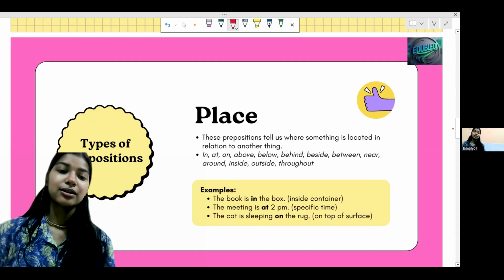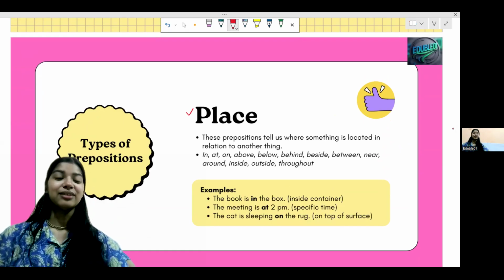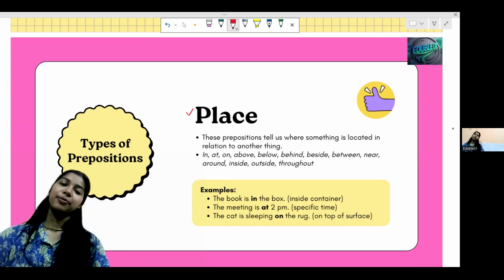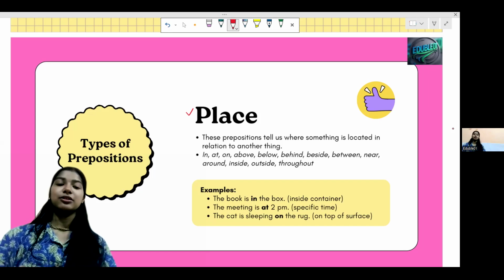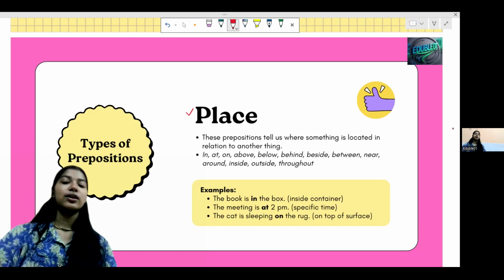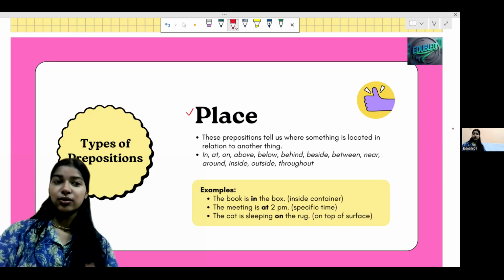First is place prepositions. Place prepositions are the prepositions that tell us where something is located or its relation to another thing.